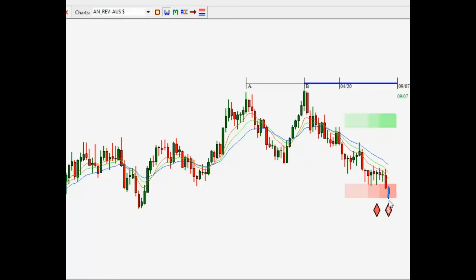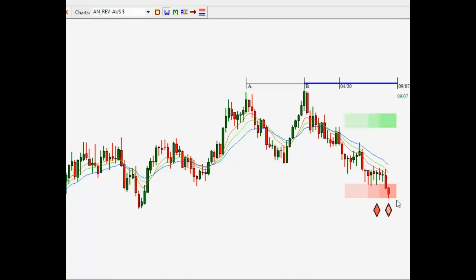Why I'm not jumping up and down and doing somersaults is only because the previous week made a higher high, which got confirmed as a weekly swing top, because once you make this higher high right here, and then you're followed by a lower low price bar, you've confirmed a weekly swing top, and it's within one bar of this. So that's the only caveat about this whole thing, okay?